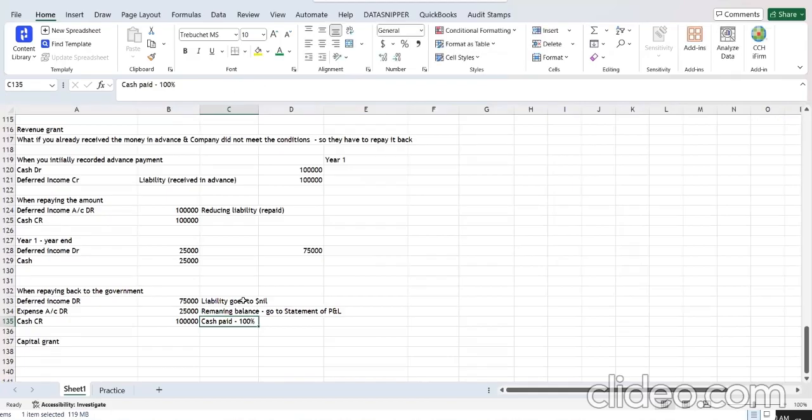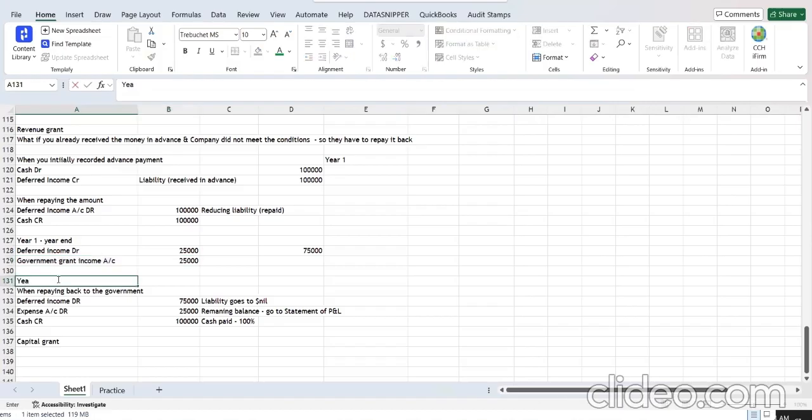It is a loss for you, but it is an expense for you because you recognized income for 25,000, right? Oops, sorry guys, here it should be government grant income account. Yes. So at year end one, you already recognized income for 25,000.